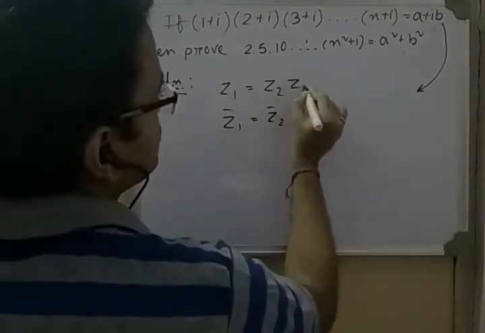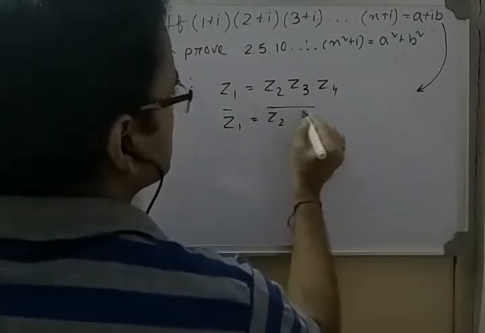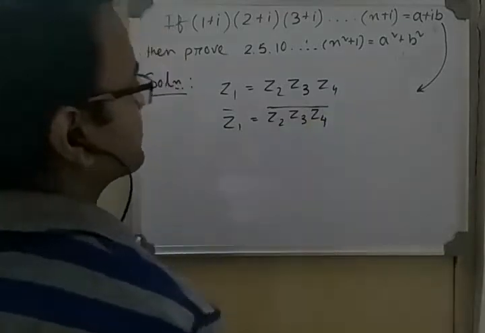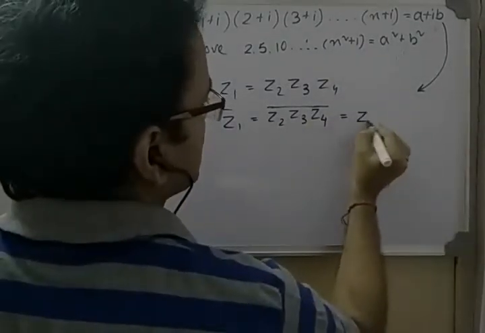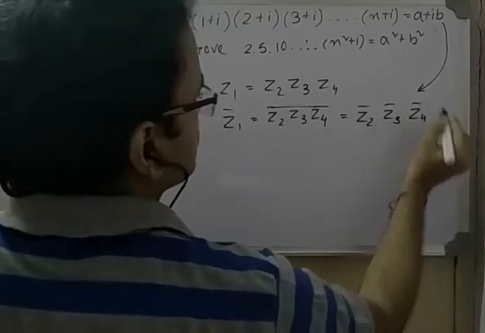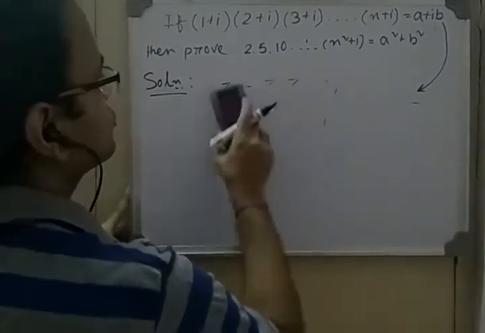If z1 equal to z2 z3 z4, then z1 bar equal to this. That means bar can be separated like this. We know this. We will use this property to solve this.